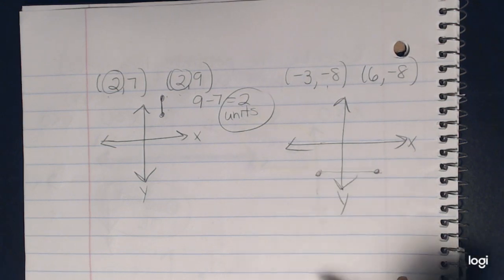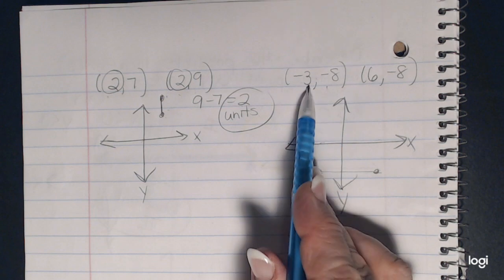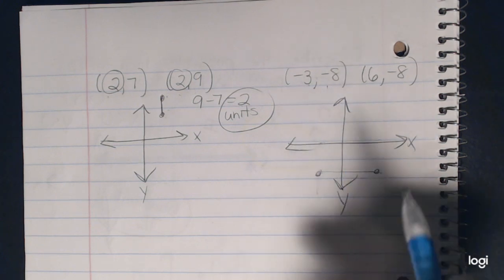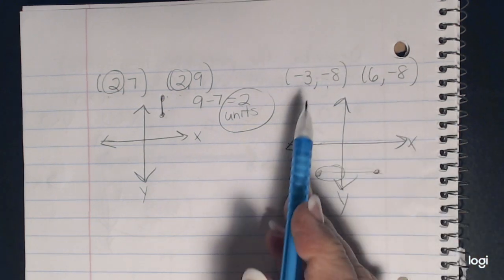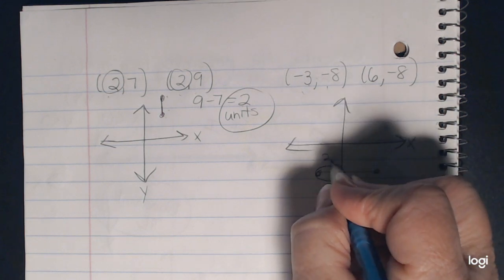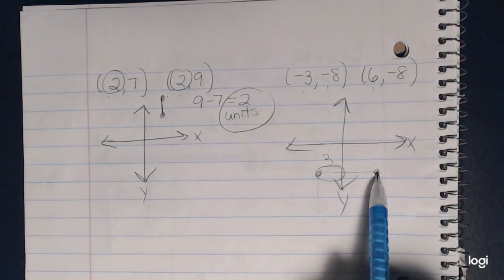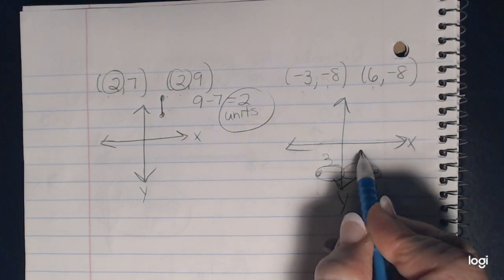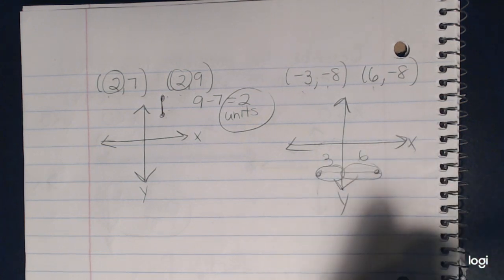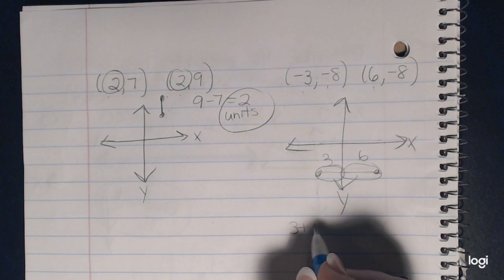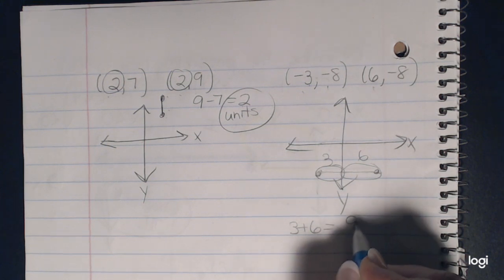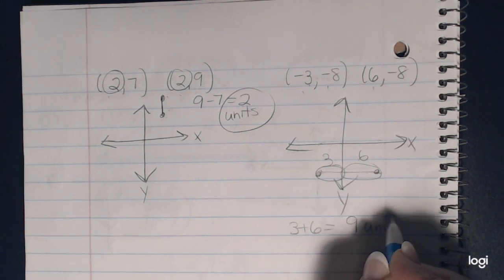So I'm probably going to use absolute value. If this is negative 3, negative 8, that means from here to here, the absolute value is 3. This is over 6. So from here to here was 6. So I would probably add 3 plus 6, and I would get an answer of 9 units.